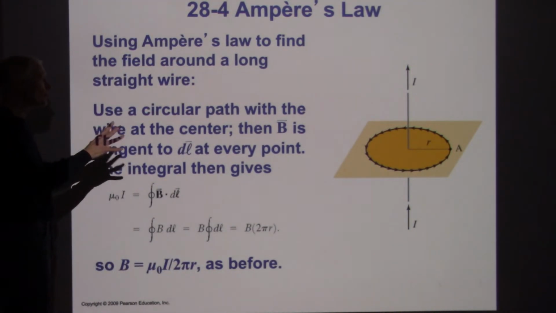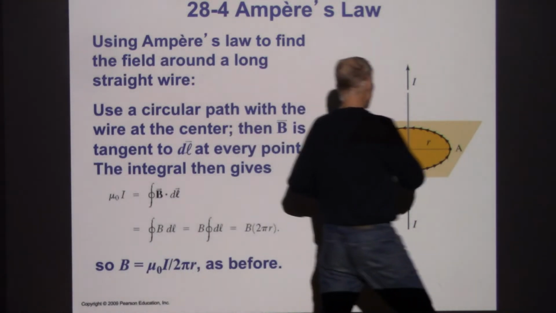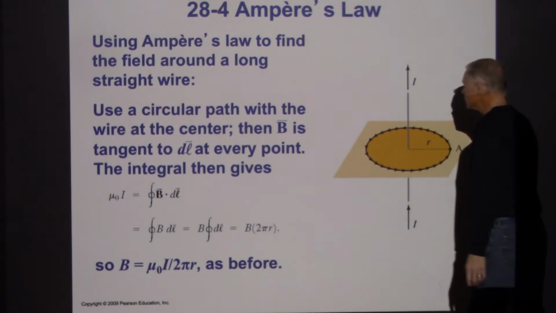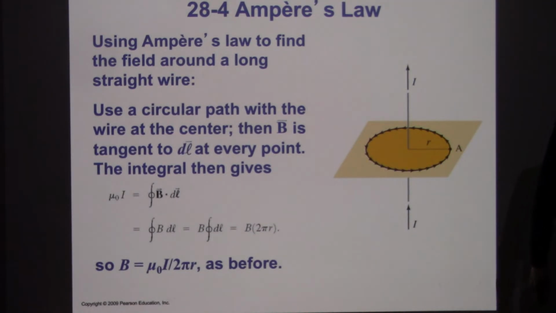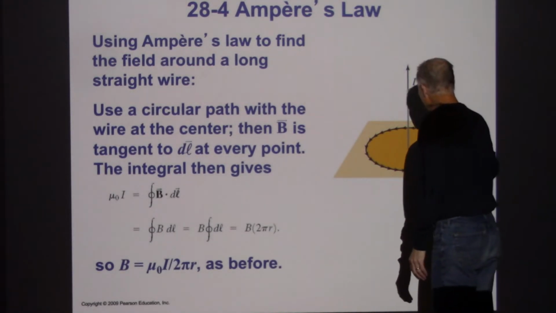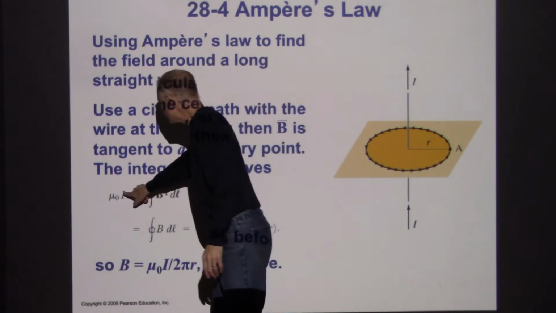Now what Ampere's law says is if I find a region where there's a magnetic field, I bet that's due to a current running through a wire. And so what we do is we relate this magnetic field to the current.